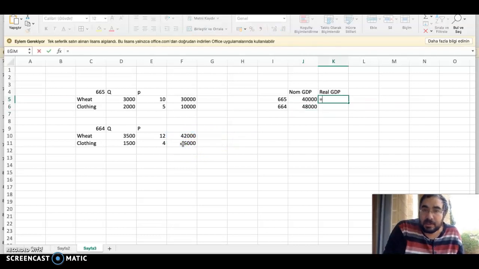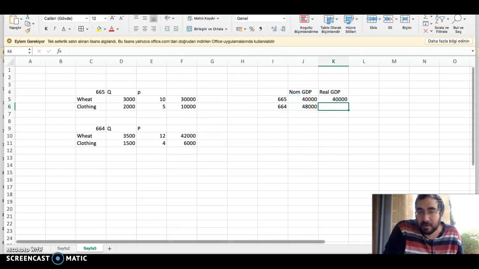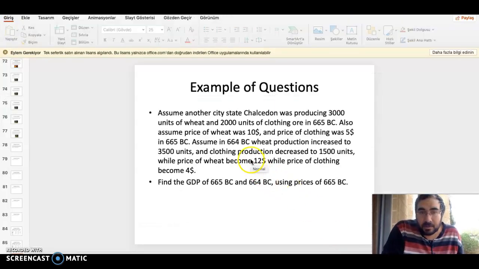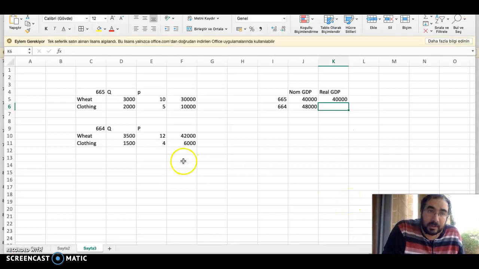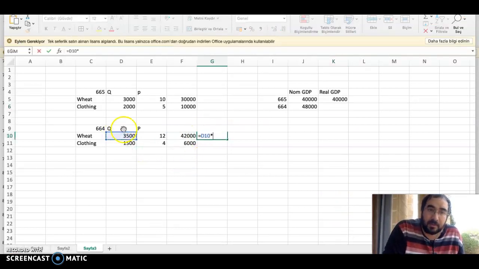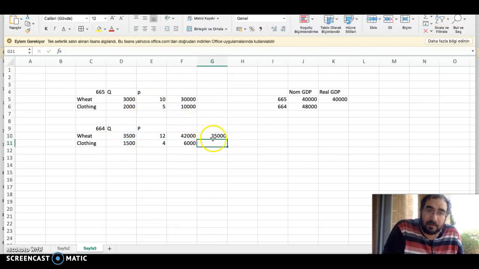When we look at the real GDP, of course, when we take base year 665, it is the same. We use the prices of 665. However, for the year 664, we need to multiply quantities with the prices of 665. Now, of course, the values change. Wheat becomes less valuable and clothing becomes more valuable.